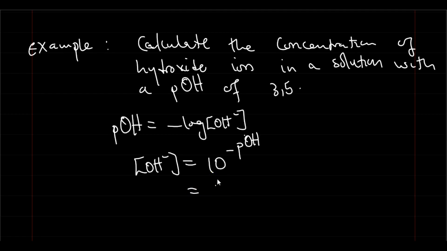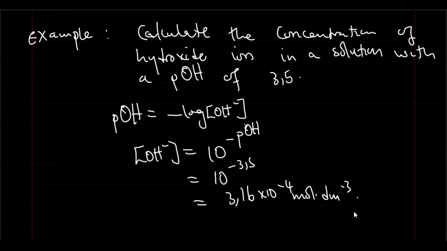Here I will substitute: 10 exponent minus 3.5, and then I punch my expensive calculator. I get 3.16 times 10 exponent negative 4 mole per decimeter cube. Guys, concentration is measured in moles per decimeter cube. So this is how you calculate concentration of hydroxide ion from a given pOH.